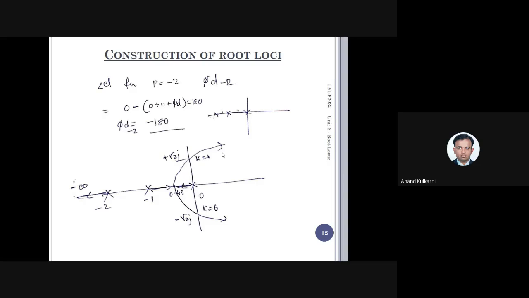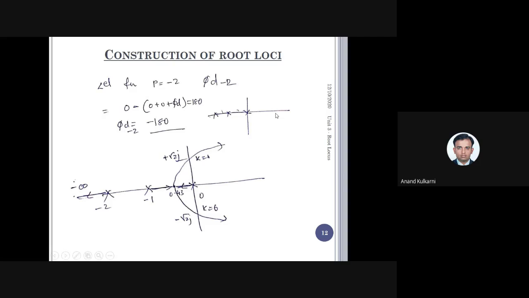So you have carried out a detailed analysis, not only of the value of k at which the behavior of the system is important. If the value of k is greater than 0 and less than 6, the system is stable. If the value of k is greater than 6, the system is unstable. And up to some point it is overdamped, then it becomes critically damped, then it becomes underdamped.